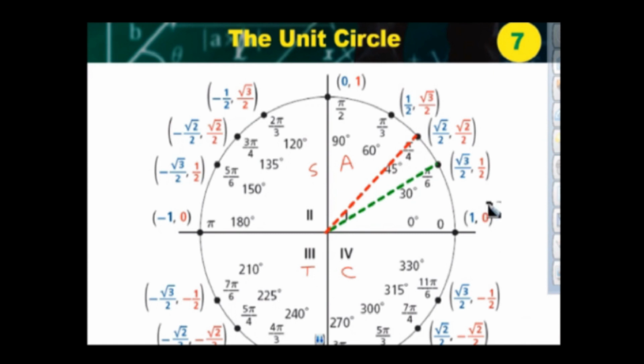We also talked about the reflection, and also the vertical symmetry and also the horizontal symmetry as well. Like, for example, this guy and 5 or 6. Okay, that's the beauty of the unit circle.